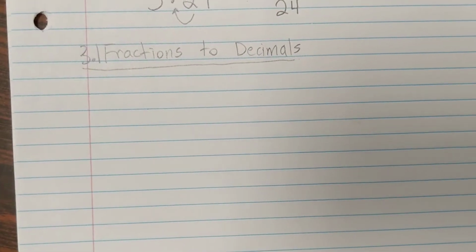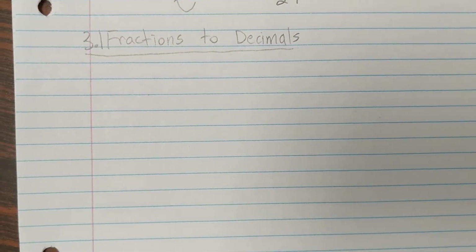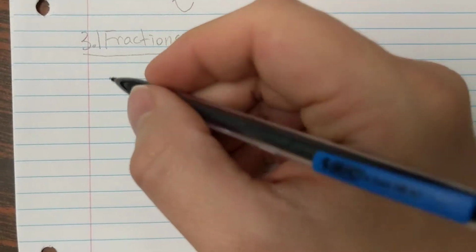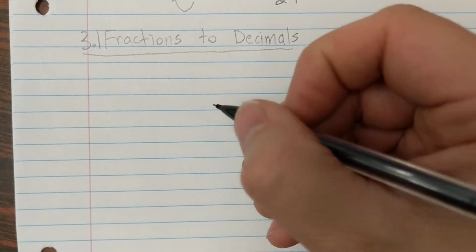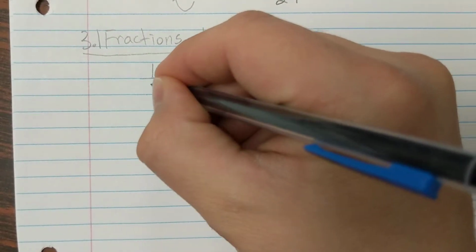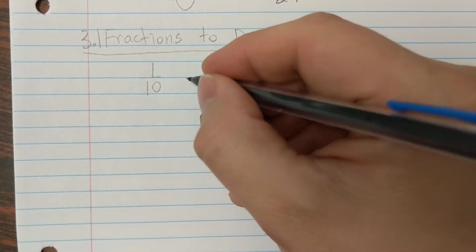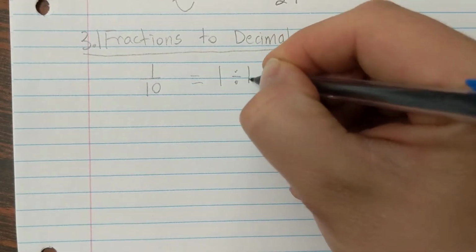So that takes us to our first part of the unit, fractions to decimals. So, turning fractions into decimals or decimals back to fractions. If we have a fraction, let's go with 1 over 10. We know that means 1 divided by 10, right?